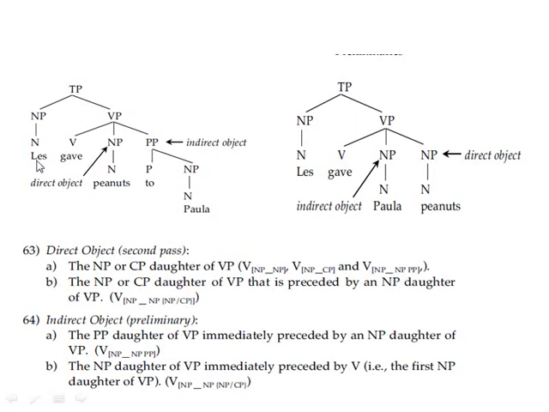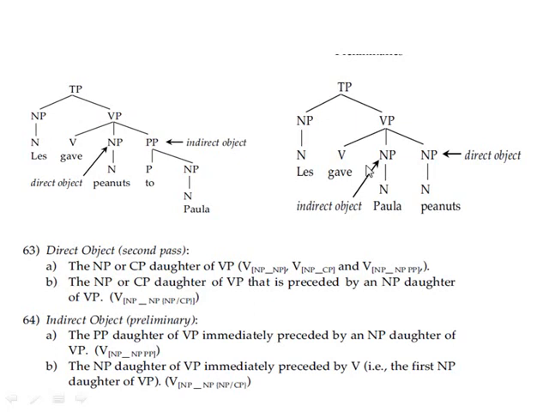And so here, let's give peanuts to Paula. So peanuts is the direct object. Now the other example is about indirect object. Let's give Paula peanuts. So indirect object can be prepositional phrase daughter of VP immediately preceded by an NP, or NP daughter of VP immediately preceded by V. Yeah.